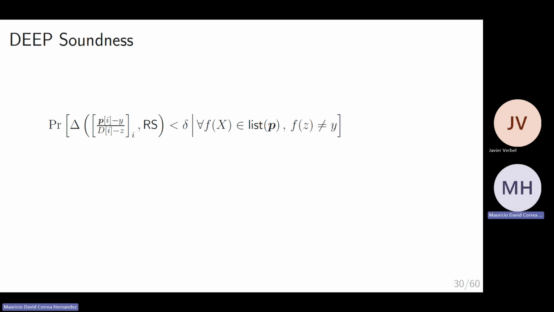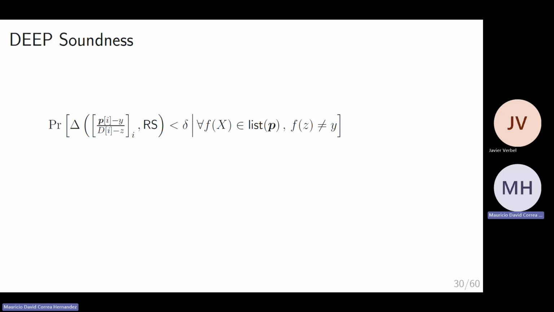The computation becomes dirty. So we are interested in the probability that a working vector that we update using this deep trick or using the single point evaluation, that this vector becomes close to the code, even though we started from something. But we don't care whether the vector that we started with was close to the code or not.